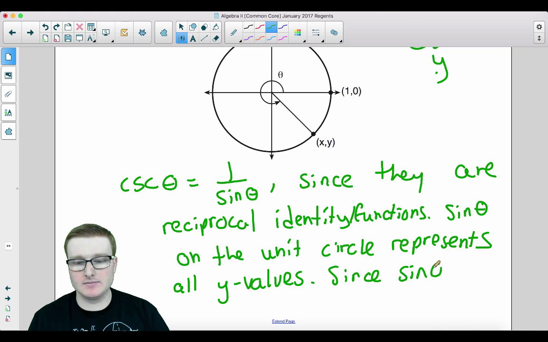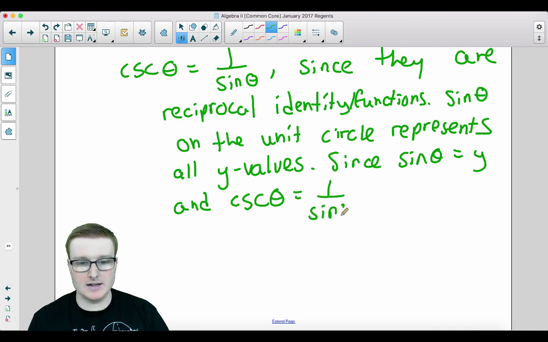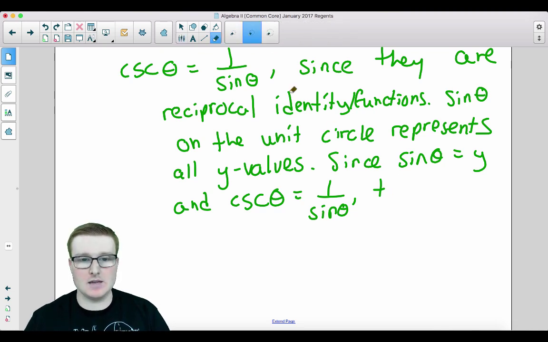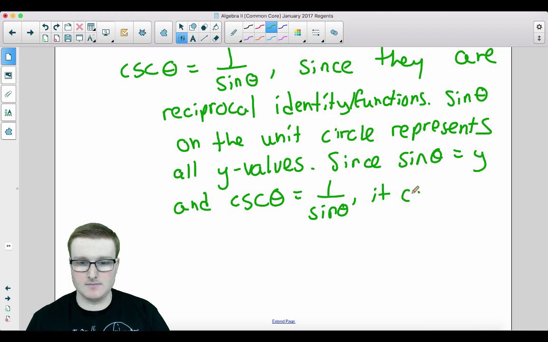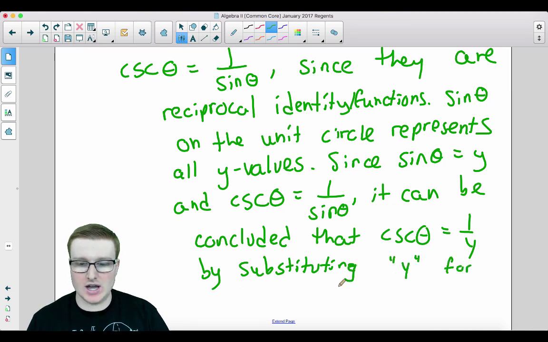Since the sine of theta equals y, and cosecant of theta equals 1 over the sine of theta, it can be concluded that cosecant of theta is equal to 1 over y by substituting y for sine of theta in the denominator.